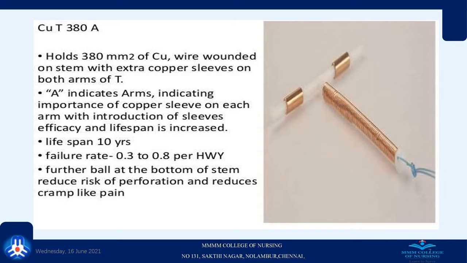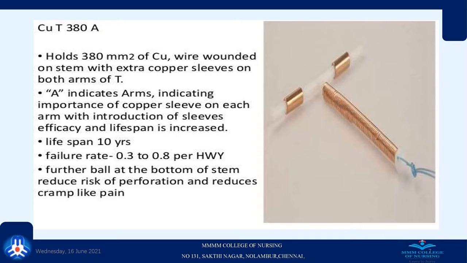With the introduction of sleeves, efficacy and lifespan are increased. In the case of 380A, the lifespan is about 10 years, whereas the older version is 3 years. The failure rate is 0.3 to 0.8 per HWY. What does HWY mean?